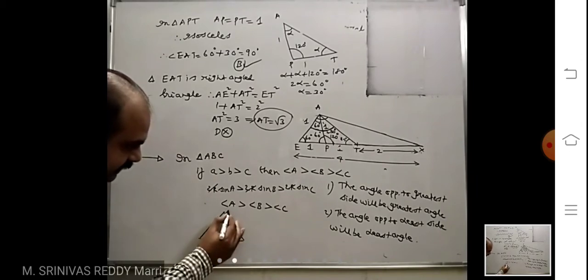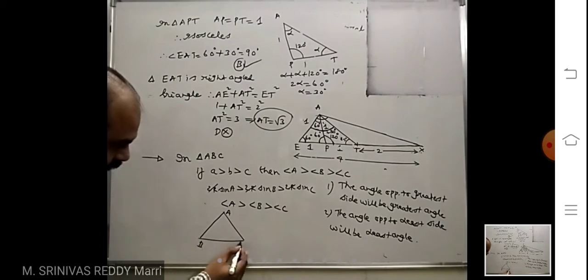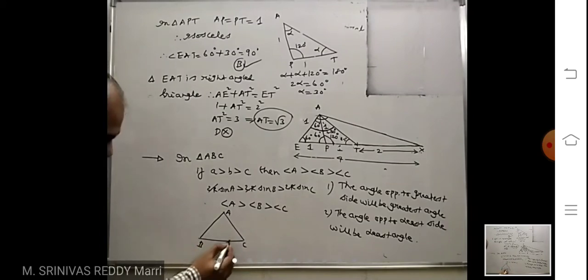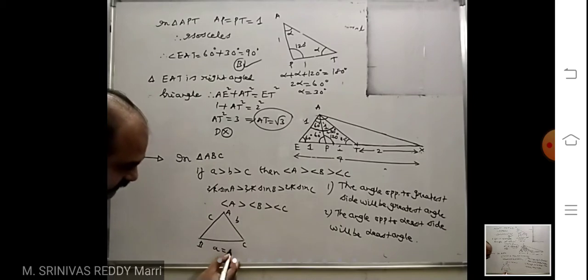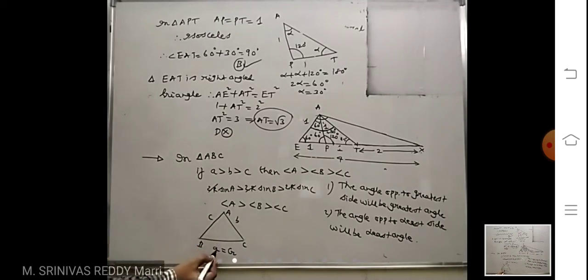Look at here, suppose triangle ABC is like this. This is A, this is B, this is C. Given that A is greater than B, that means this is the greatest side. GS means greatest side. What is the greatest angle? Opposite to side A, whatever the angle is there, that will be the greatest angle.